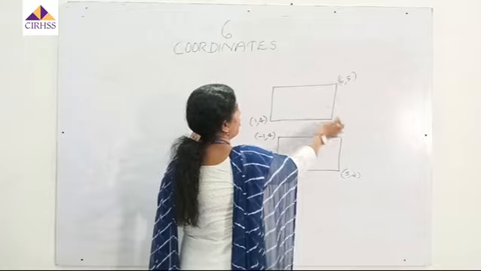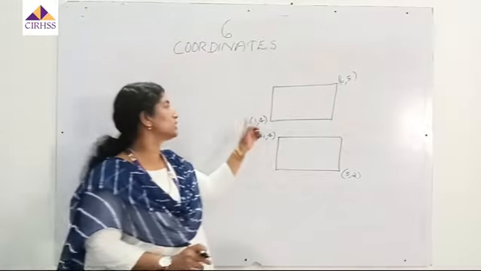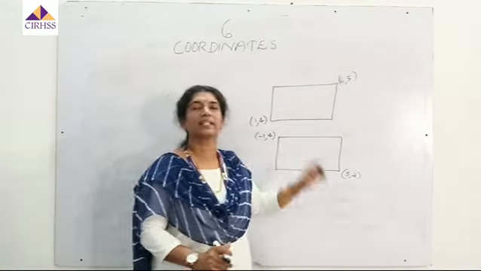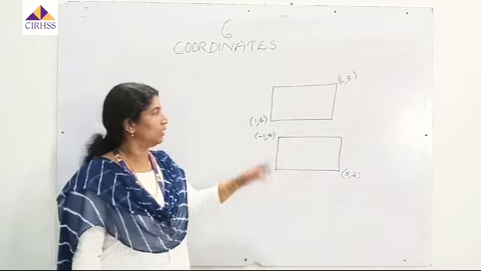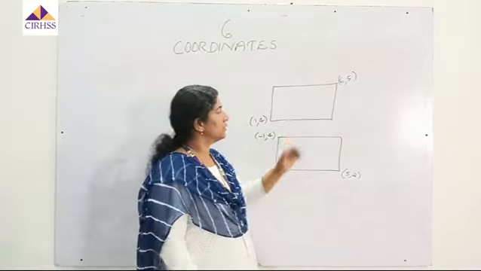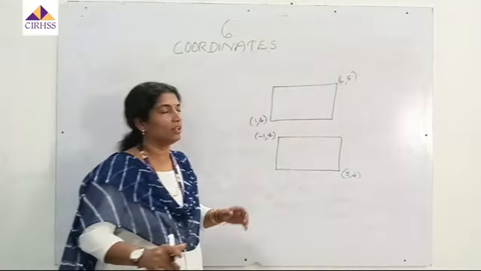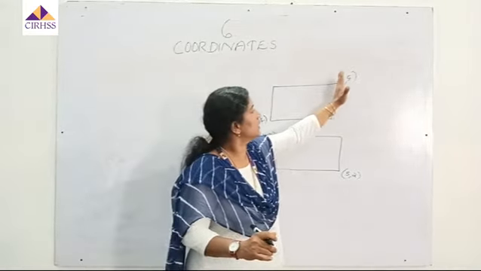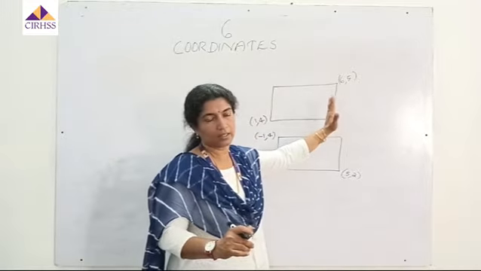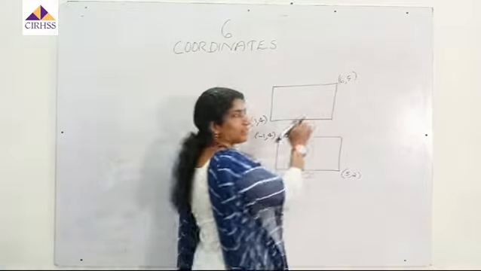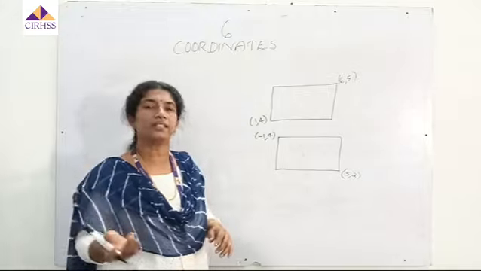Next, we want to study the other two coordinates, when two opposite vertices of a rectangle are given. How do we find the coordinates of this one? First, this line is parallel to the y-axis, as we already studied.